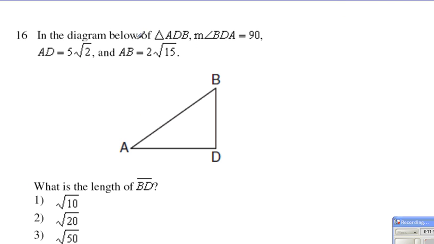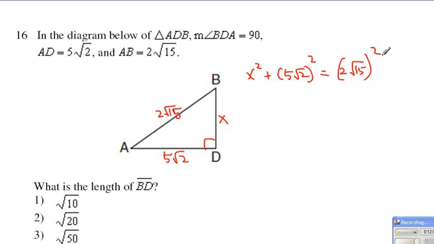All right, we're moving on. In the diagram, we have a 90-degree angle, and AD is equal to 5 radical 2, and AB is equal to 2 radical 15. Now we are looking for BD, so we call it x. Since it's a right triangle, we can use the Pythagorean theorem, so we have x squared plus (5 square root of 2) squared equals (2 square root of 15) squared.